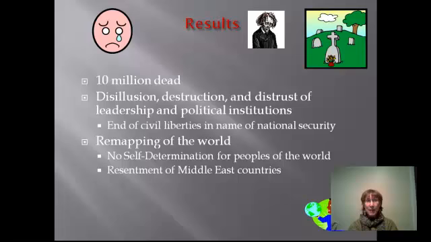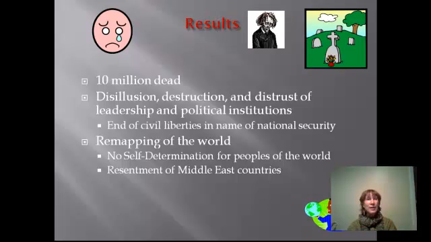And that remapping of the world that we talked about before also created tremendous resentment all throughout the world, especially from the Arab countries, the people who lived in the Middle East. President Wilson kept talking about self-determination. That was one of his phrases, self-determination.